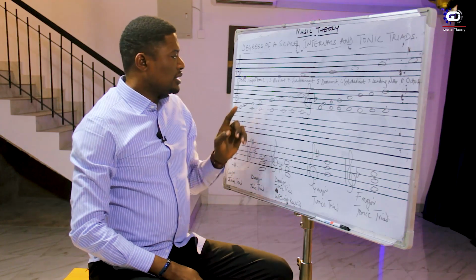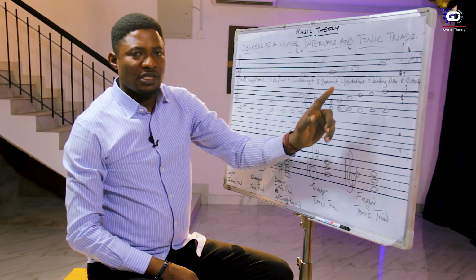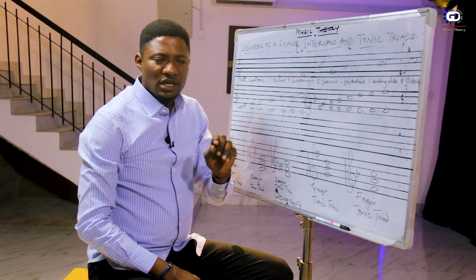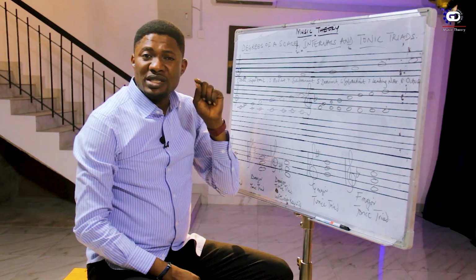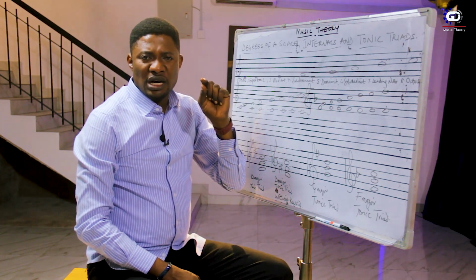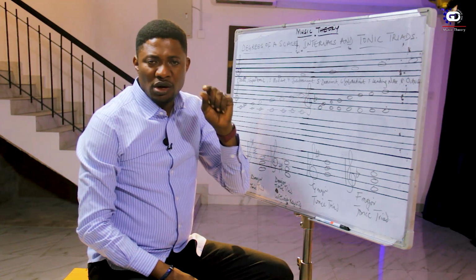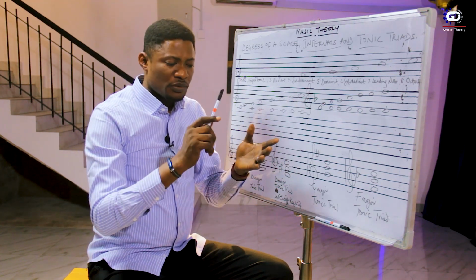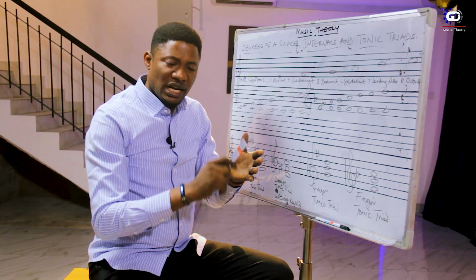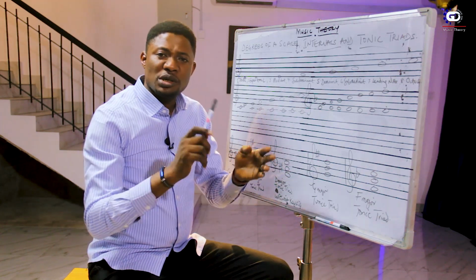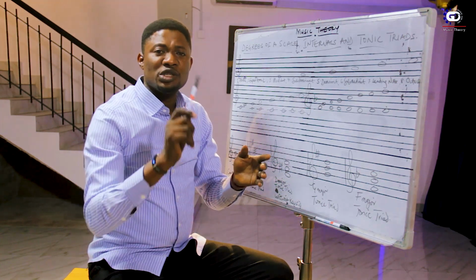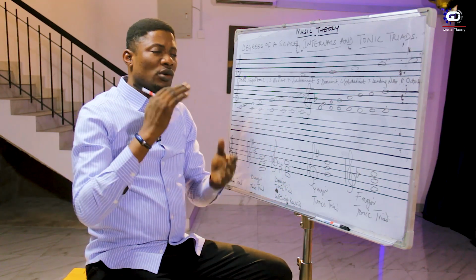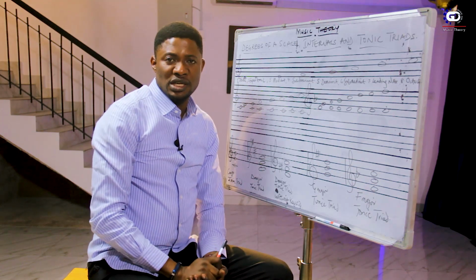Please note that these degrees of the scale are not limited to the scale of C major. It is actually all the scales in your music, all diatonic scales. So whether C major, D major, G major, F major, A major, E major, E flat major, F sharp major, and all the scales of the diatonic, you have all these degrees of the scale in there.